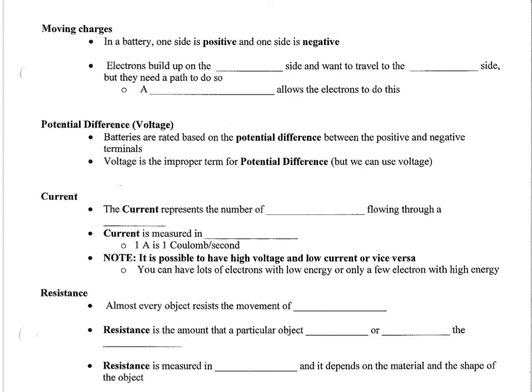So we'll get started. For moving charges, you've got a battery, and one side will be positive, one side will be negative. Electrons are going to build up on the negative side because electrons have a negative charge, and they want to travel to the positive side. Why? Because they're attracted.